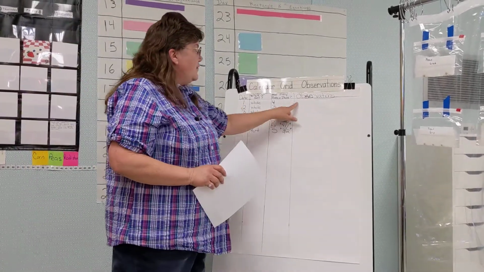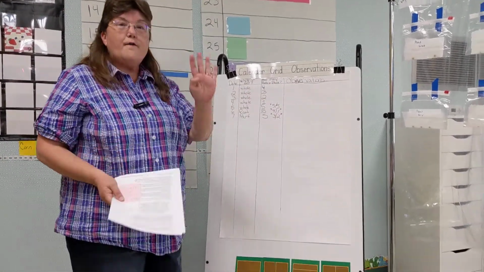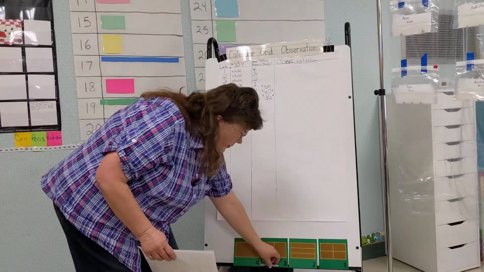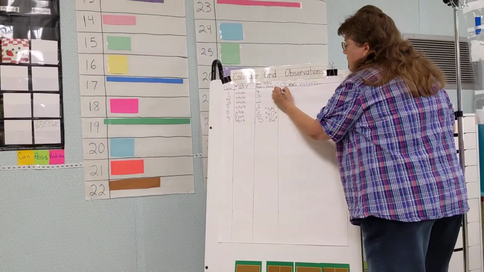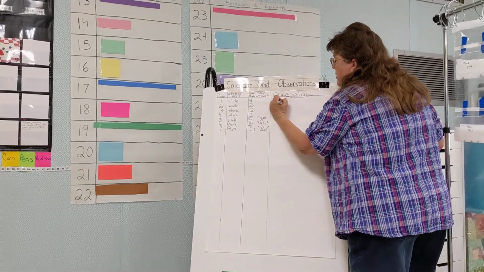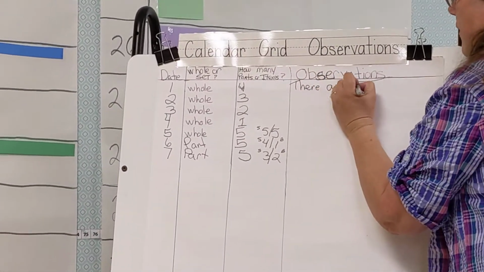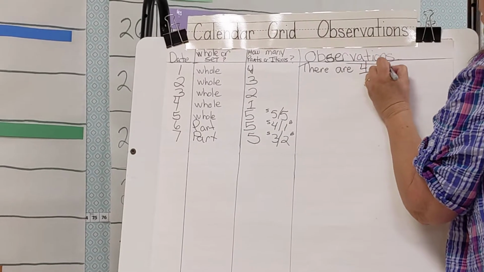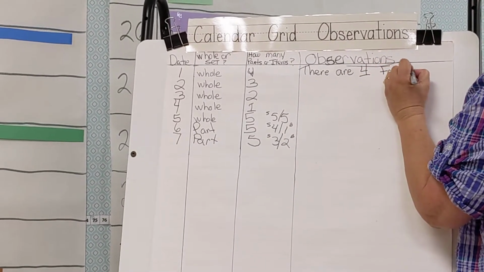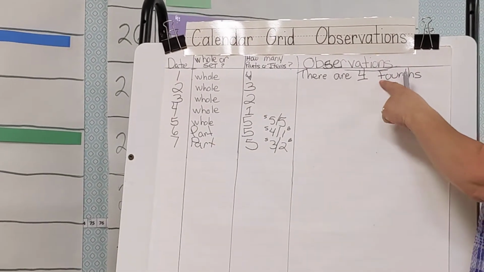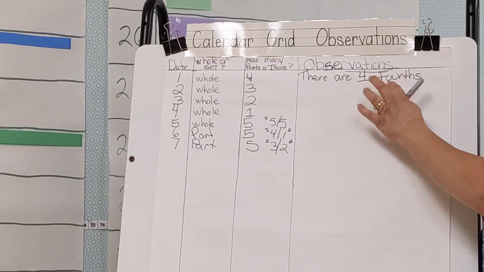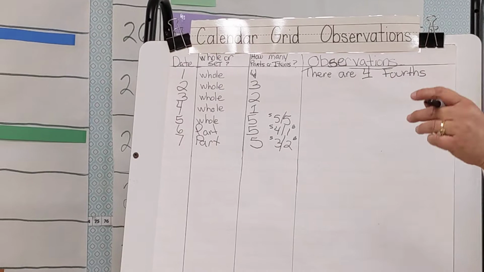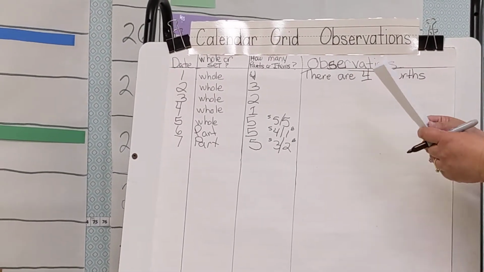So the first observation says there are 4 fourths. So let me see if I can write that down. There are 4. And so the word fourth has that 4 in it. It's a tricky one to say, but you can practice and get there.